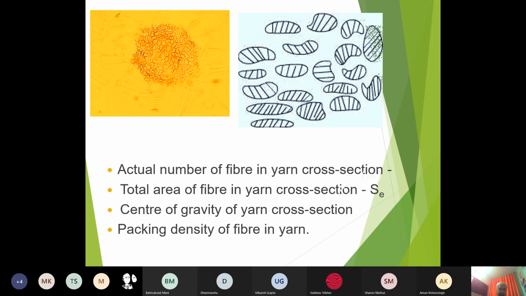If I'm using a different spinning system like ring, rotor, air jet, the value of k2 will take care of that.